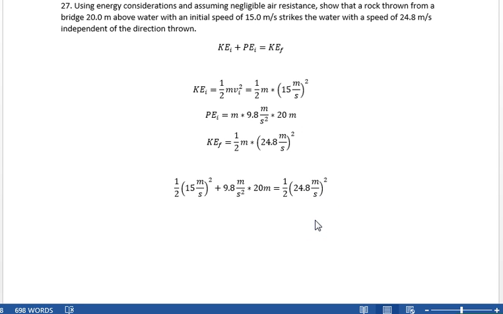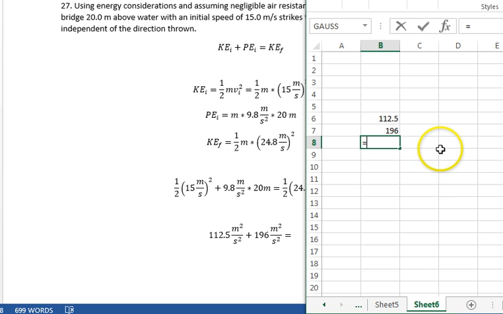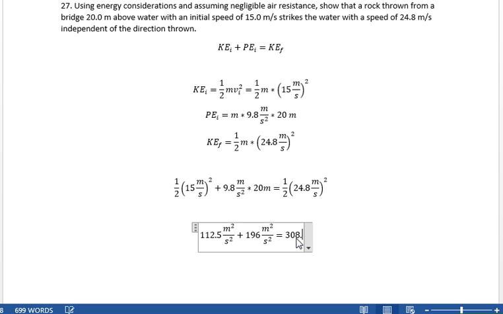All right, on one side here we have 112.5 meters squared per second squared plus, what was the other number? 196 meters squared per second squared, and our total there is going to be 308.5 meters squared per second squared.